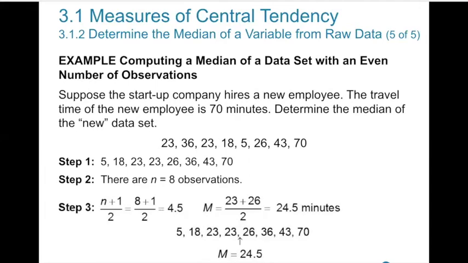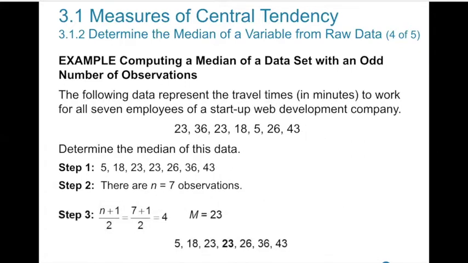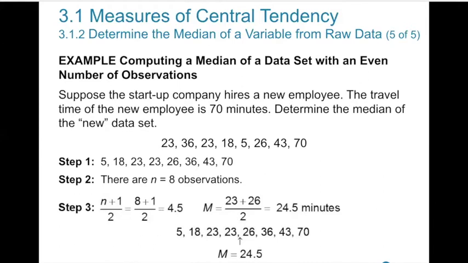If we add another person in, we're looking at the median of 8 terms, so we have to average together 23 and 26 because those are the 2 in the middle when we put them in order from least to greatest. So that means it's going to be 24.5 now instead of 23. So our median has gone up just a little bit based on that new piece of data that we've added in.